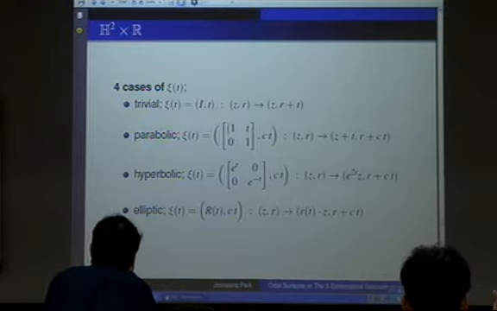That means it has an R symmetry. So in this case, there is a one-dimensional symmetry for the base manifold, which is isomorphic to R.